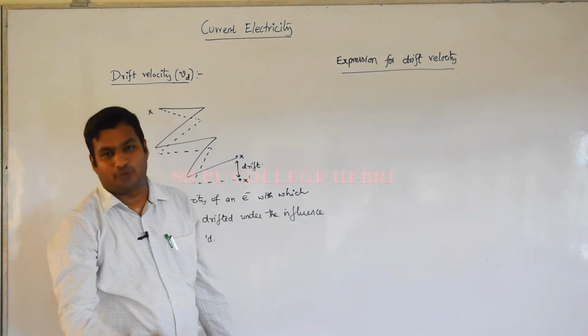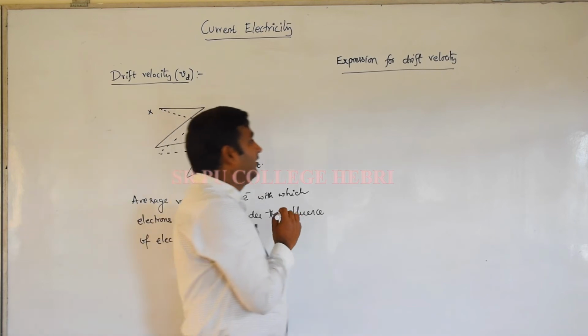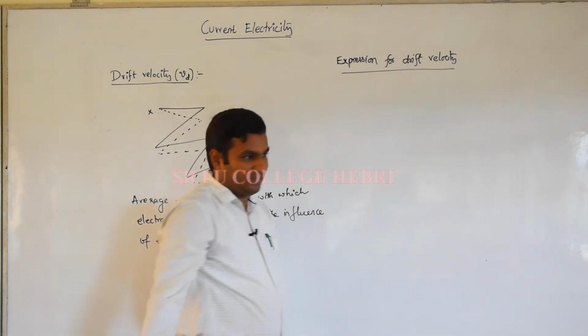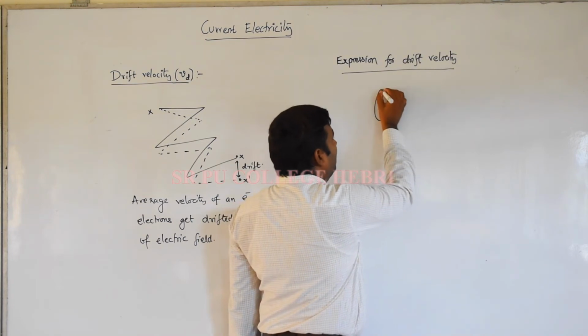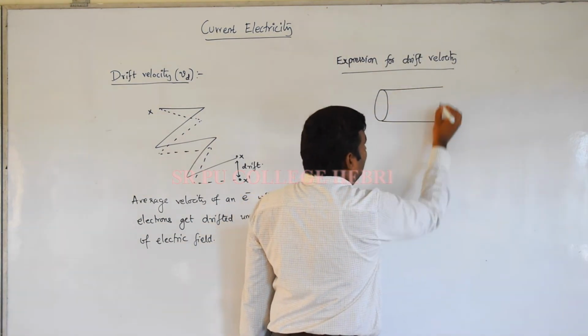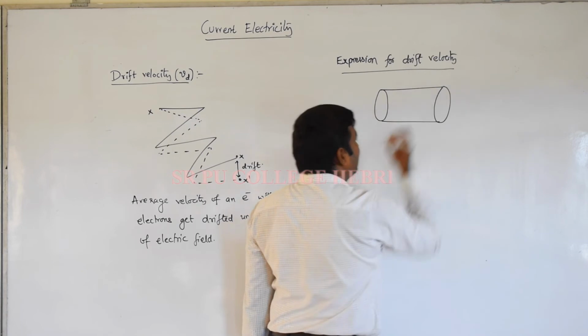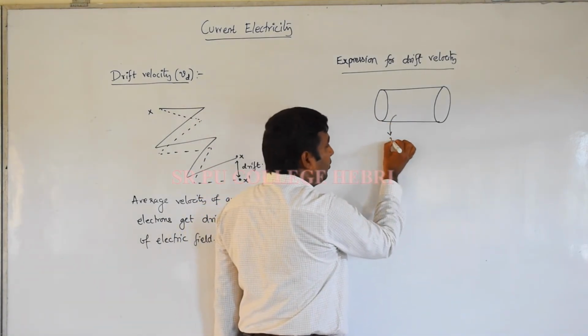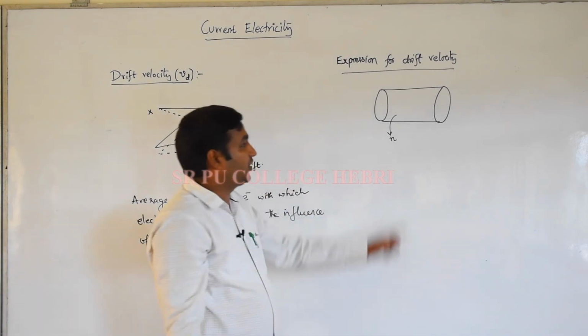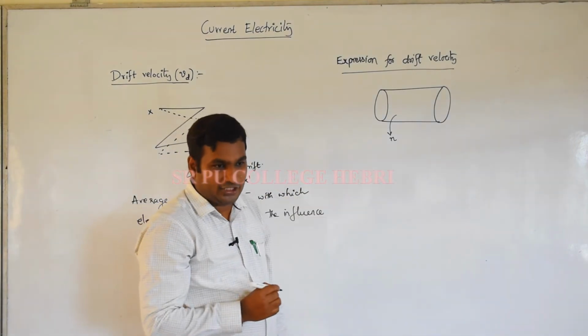Expression for drift velocity. To get the expression for drift velocity, consider a conductor. This conductor has n number of electrons.